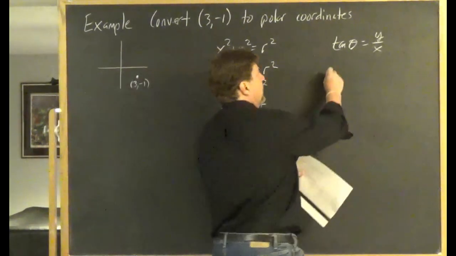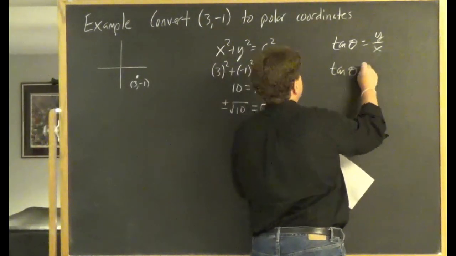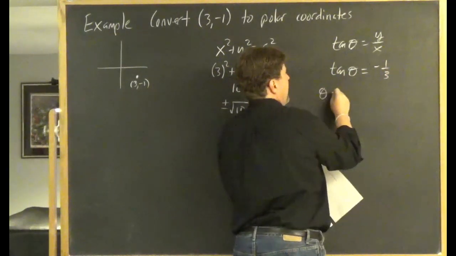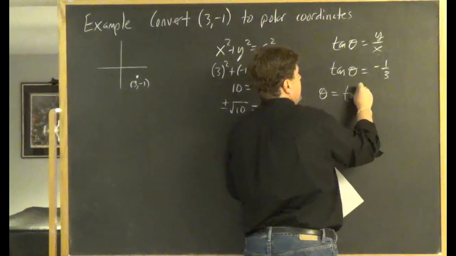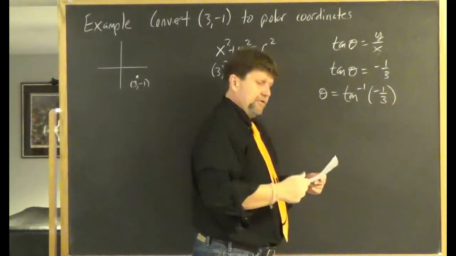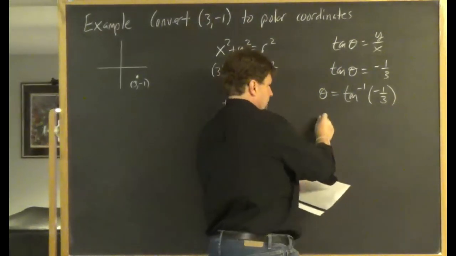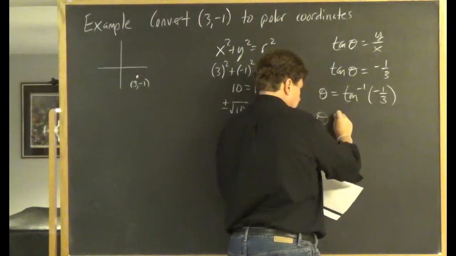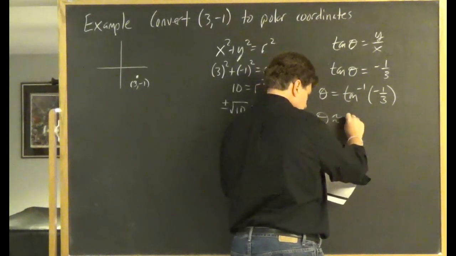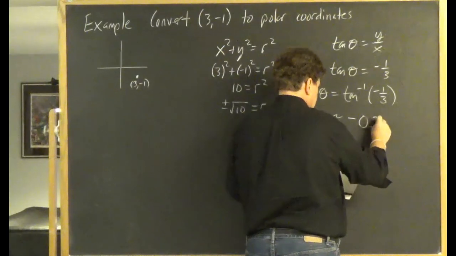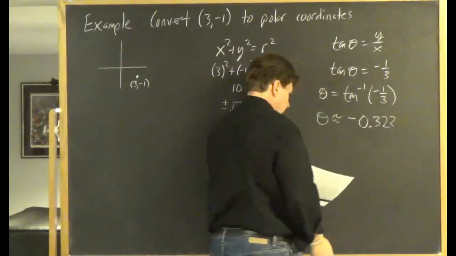So tangent theta is -1/3, so theta is the inverse tangent of -1/3. Make sure your calculator's in radian mode. And I get theta approximately -0.322.